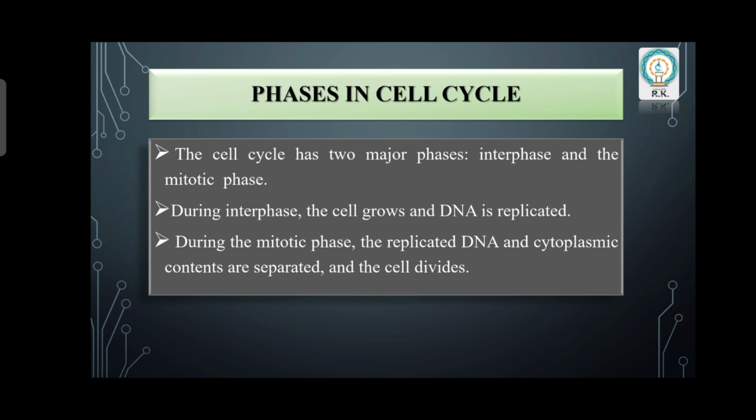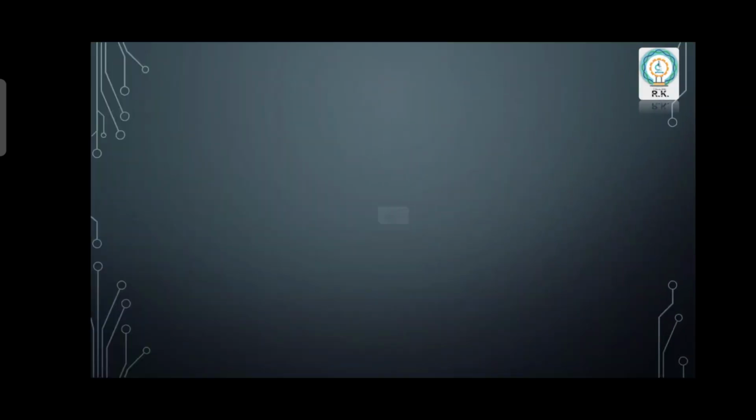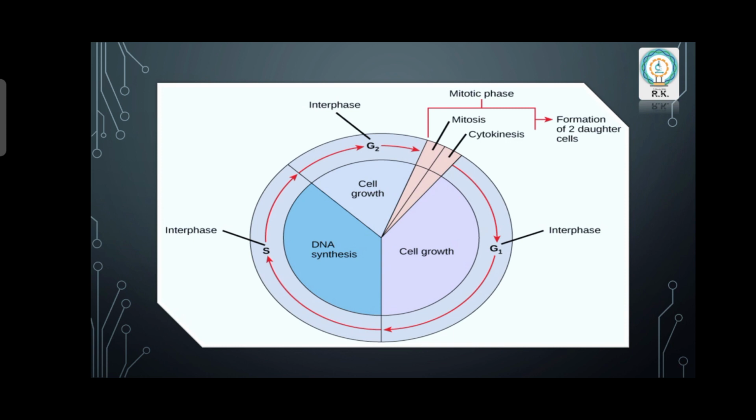Ultimately, the cell divides. Here you can see that G1, S and G2 phases are all interphase. Interphase covers the major portion of the cell cycle. Then the mitotic phase, which consists of mitosis and cytokinesis, is where the formation of finally two new daughter cells will occur.